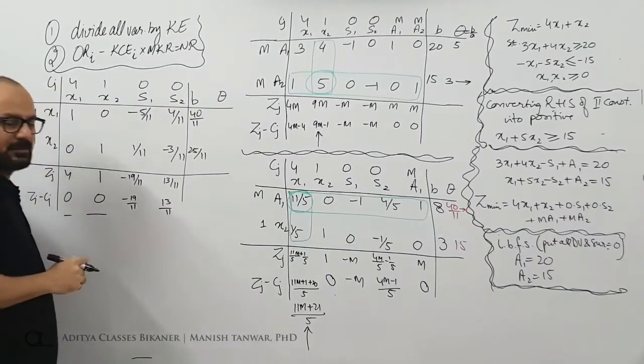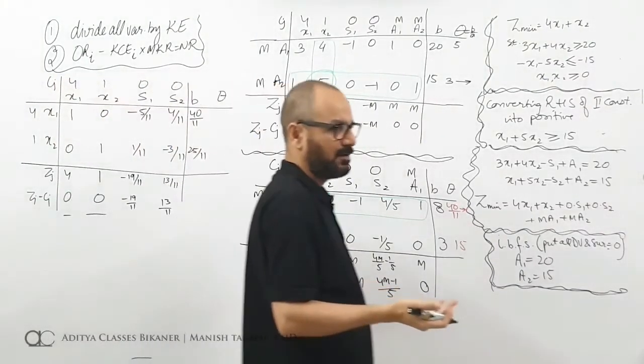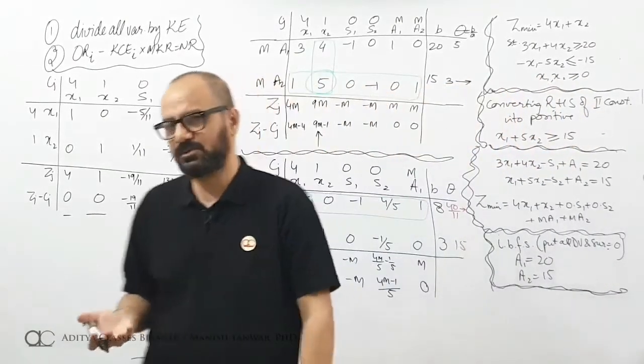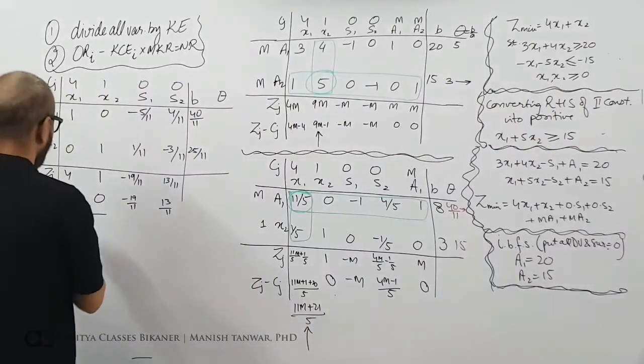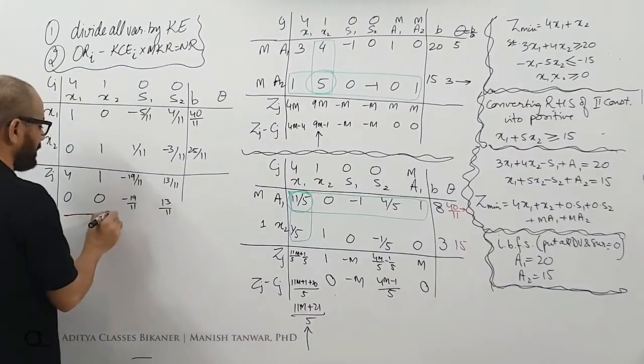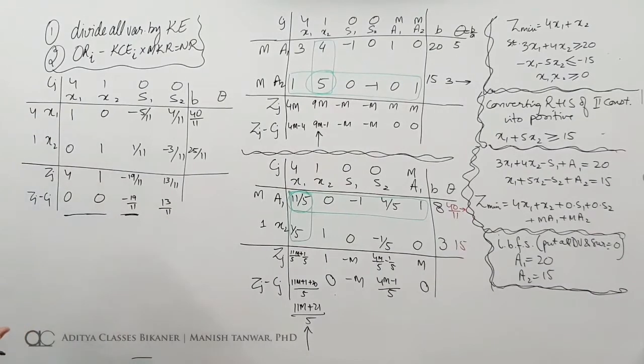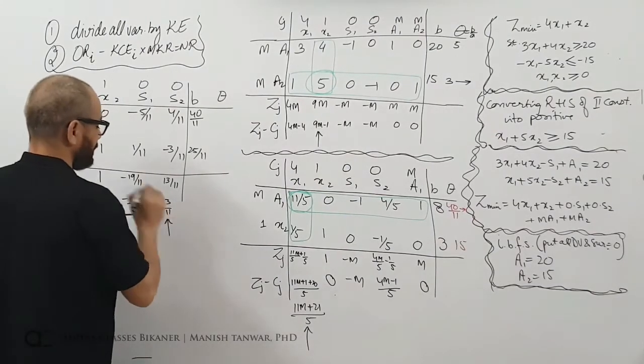Zeros, they'll neither improve our solution nor will they worsen our solution. They are neither increasing nor decreasing. This is actually a negative quantity, so it will worsen my solution. But this has a potential.